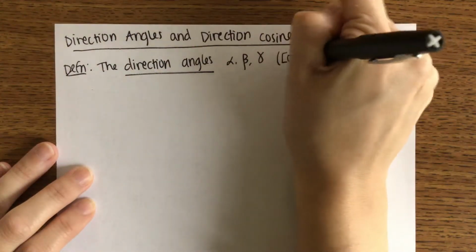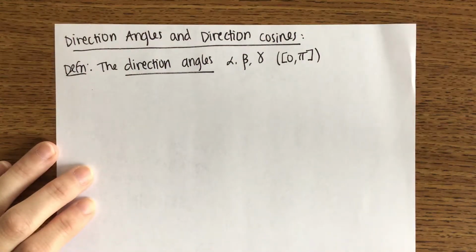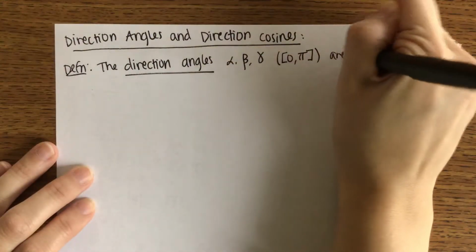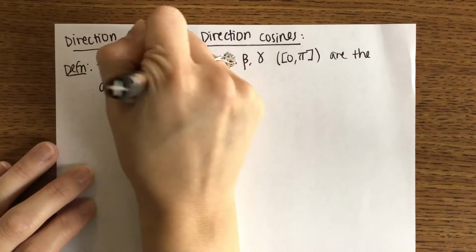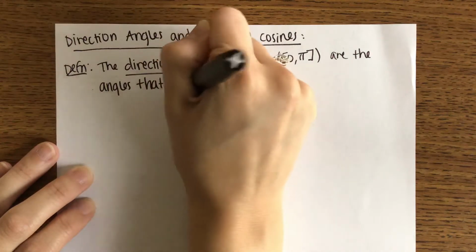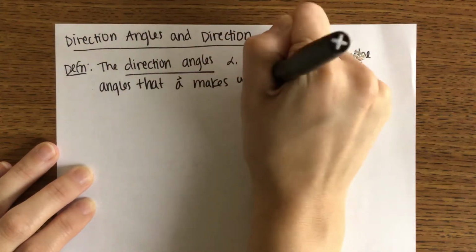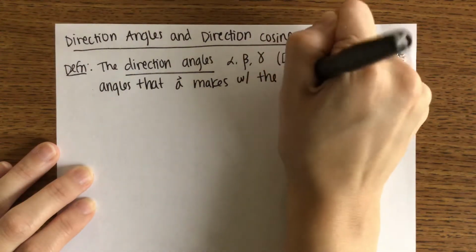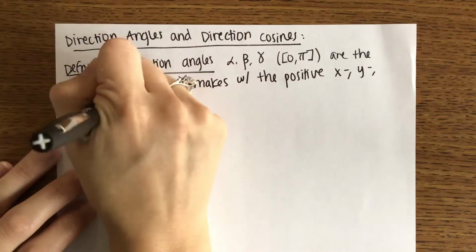We are going to define them between 0 and pi. So alpha, beta, gamma are the angles that your vector A makes with the positive x, y, and z axes.